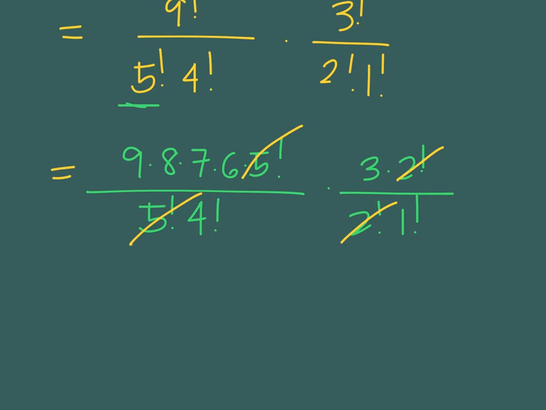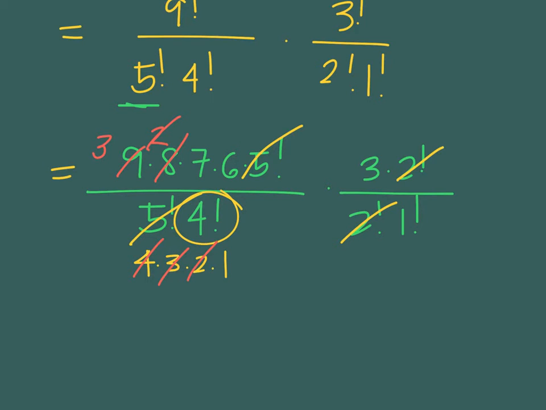Now this 4 that you see here can be changed to 4 times 3 times 2 times 1. And then try to spot numbers that can be cancelled. 8 and 4 becomes 2. That 2 and this 2 will cancel. 9 and 3 becomes 3.